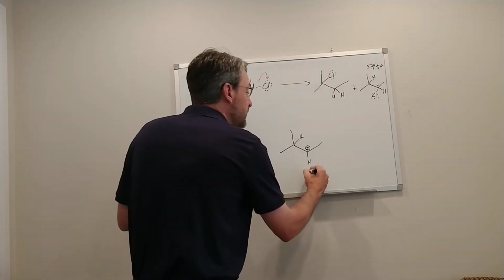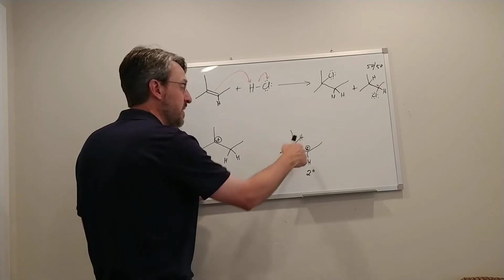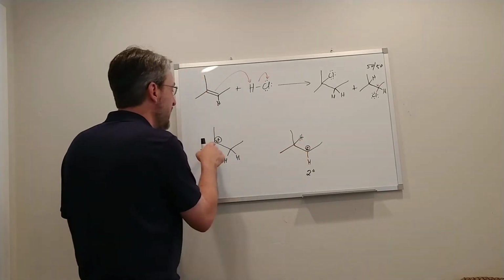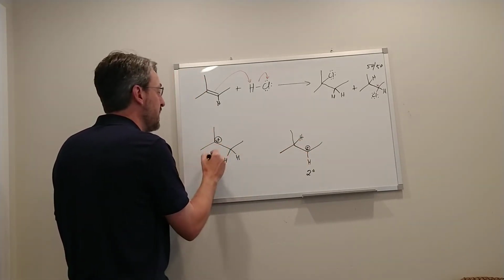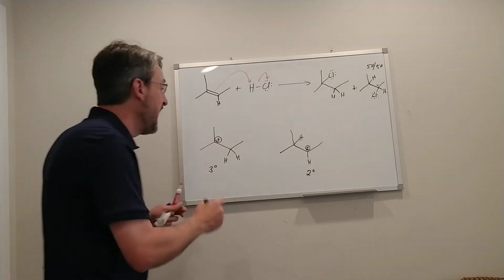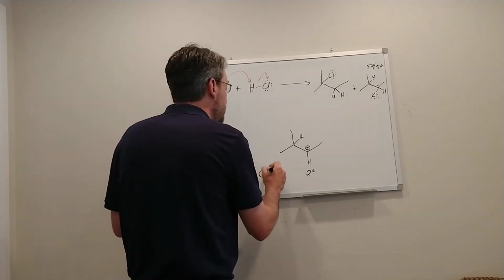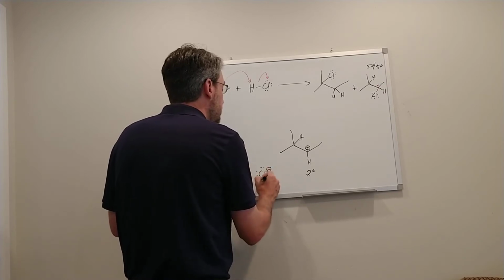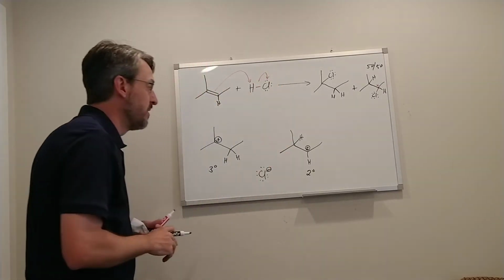Now, this one is secondary carbocation, right? There's a carbon, and an H. This one, there's a carbon, and a carbon. So this one is tertiary, okay? And then don't forget, we still have our Cl minus here as well, right? That was produced from that arrow.